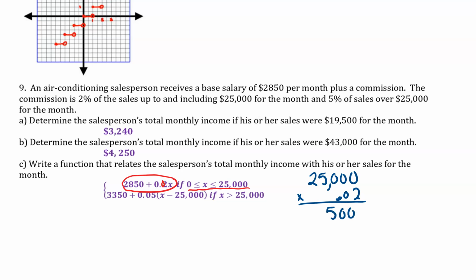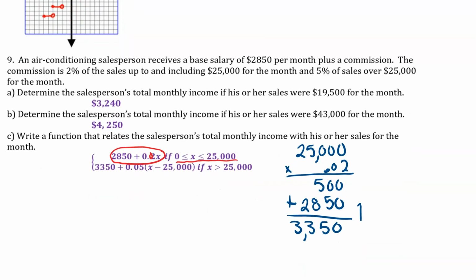So $500 commission on the first 25,000 plus the base salary of 2,850 gives the person, if they get $25,000 in sales, they will have made $3,350 so far.